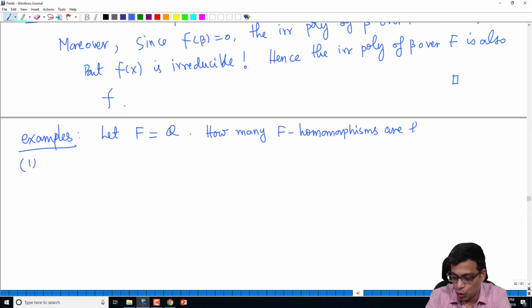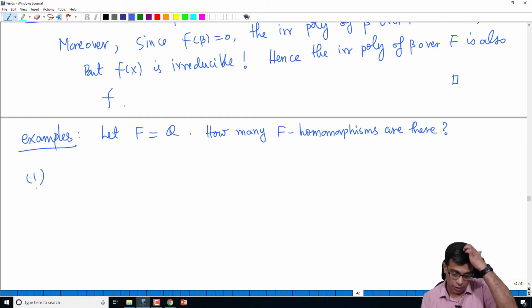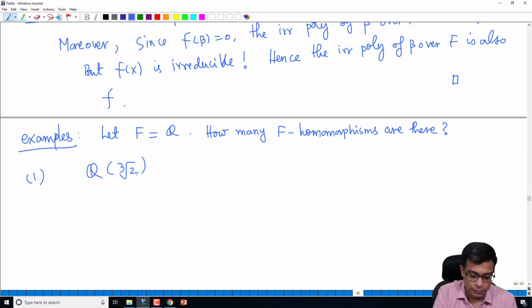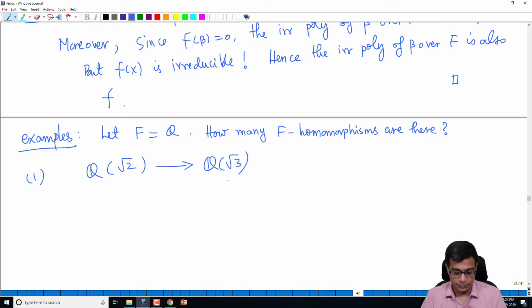So I will give you two extensions of Q, and in each case I want to determine how many F-homomorphisms there are. For example, let's take Q(square root of 2) to Q(square root of 3). Remember it is supposed to be a Q-homomorphism, so Q must go to Q by the identity map. It fixes Q, in other words.